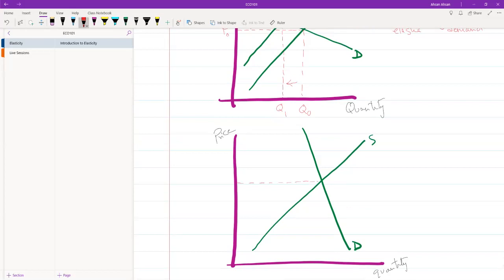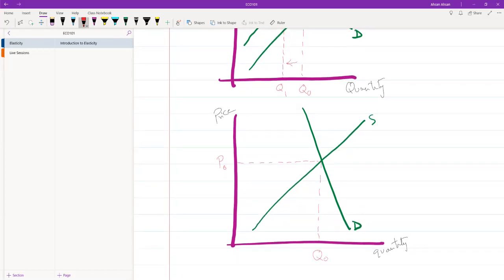And so the equilibrium condition doesn't change. We are still at P naught and Q naught, and this is E.